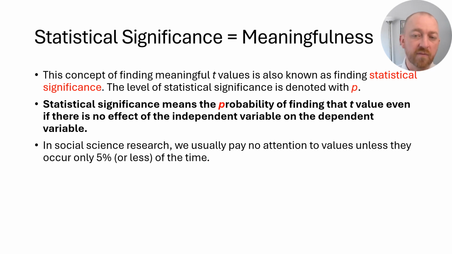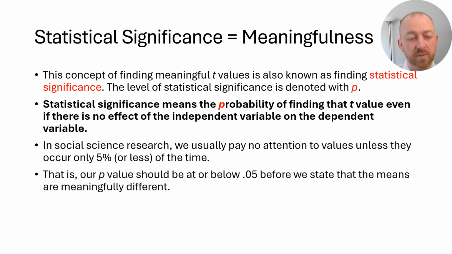In other words, you're looking for statistics that occur 5% or less of the time in order to say that there was an impact of the independent variable on the dependent variable. Again, this is fairly complex, so feel free to review this, go over this multiple times, put it on repeat, that's fine, and work with that.